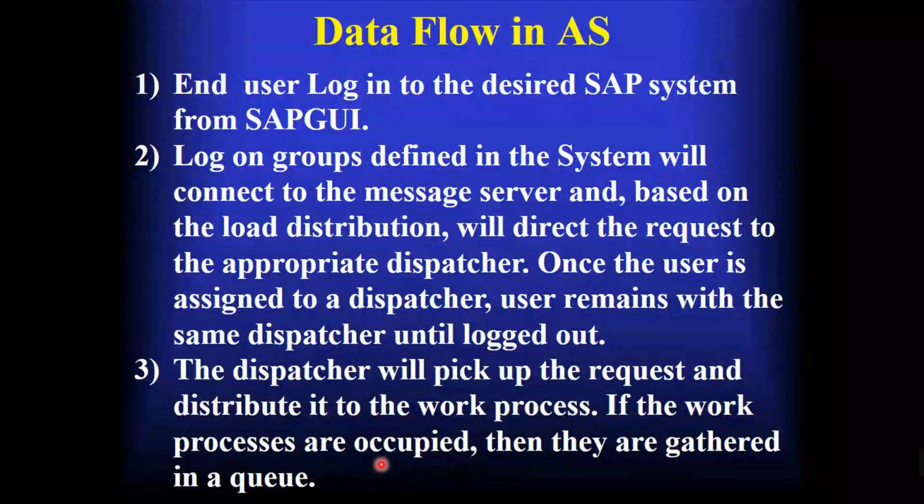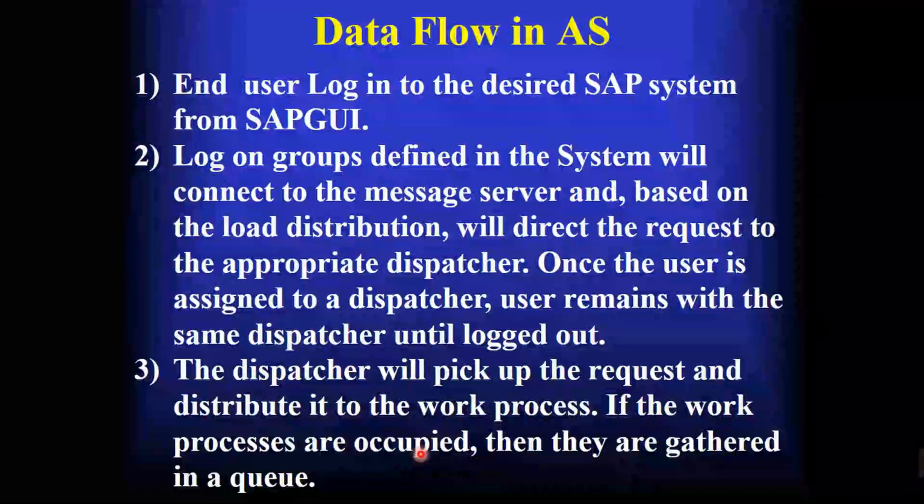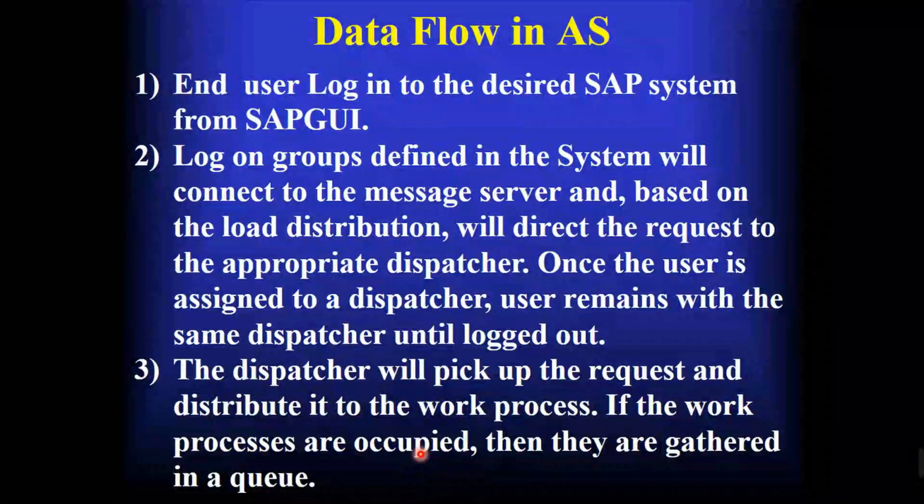If the work processes are occupied, then the requests are gathered in a queue. So if dispatcher 1 is assigned to a user who is actually working with it, then another user has to wait in a queue, so that once that user's work is completed, it will be freed for the next. So let's move on.